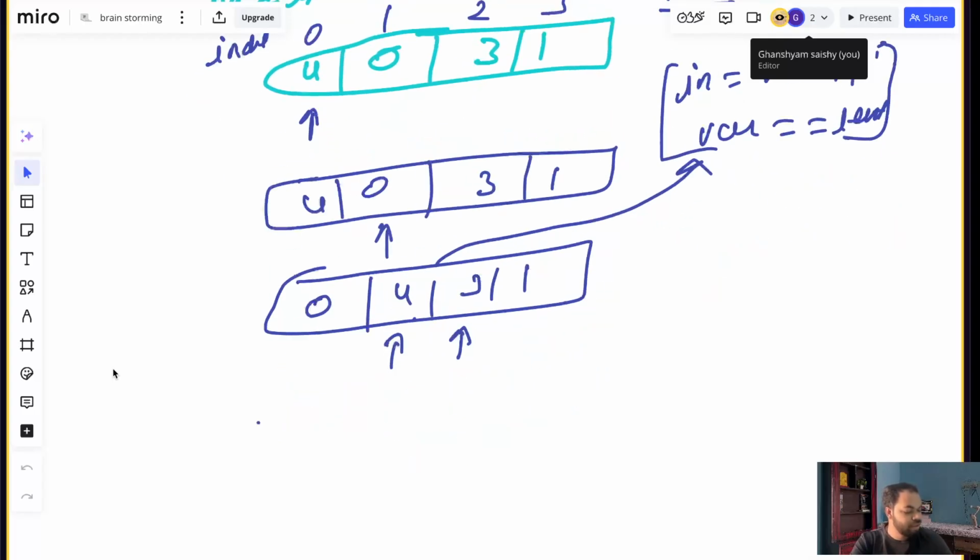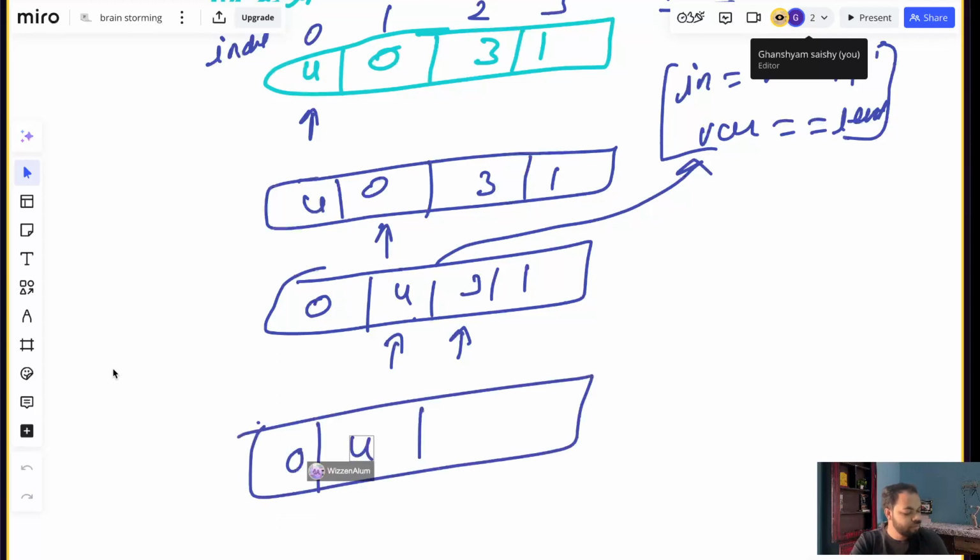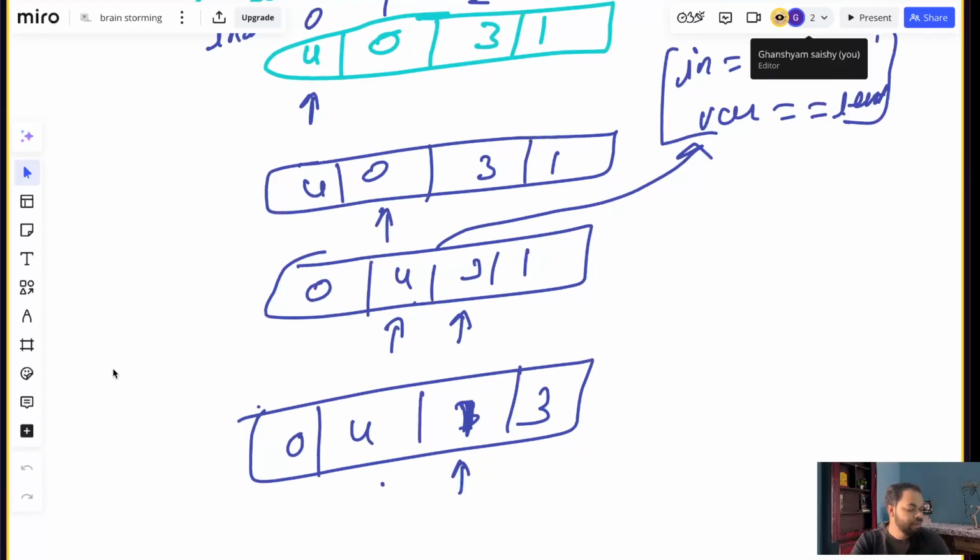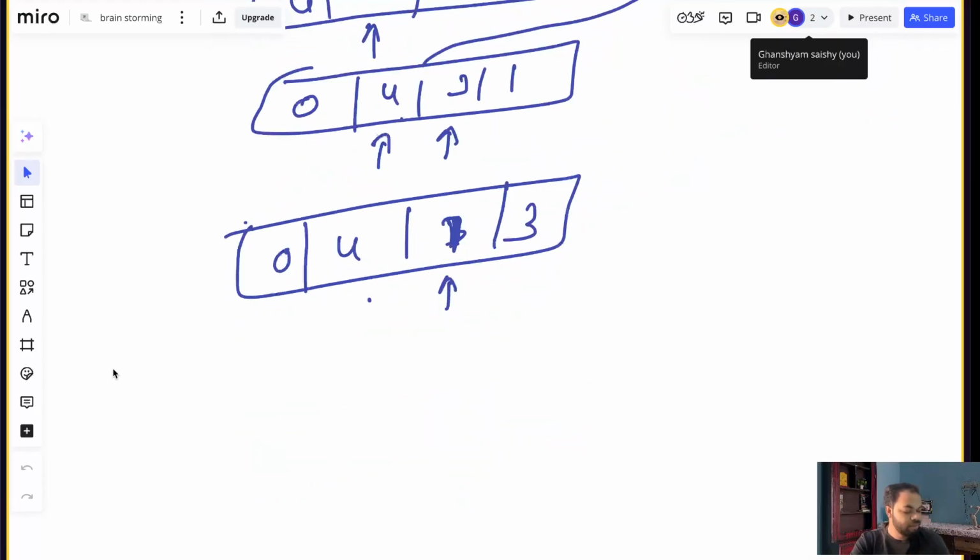So 3 goes here, 0, 4, 0, 4, and 1 and 3. Okay, still I'm here, right? So now I will say, okay, this is a wrong place.